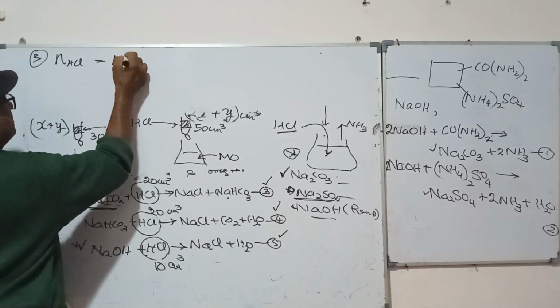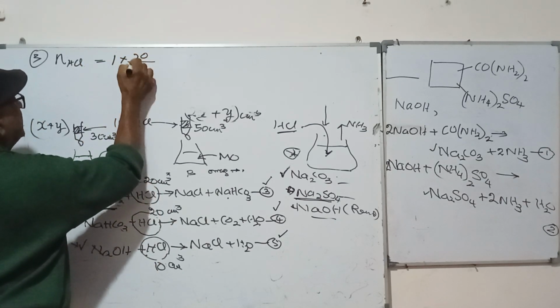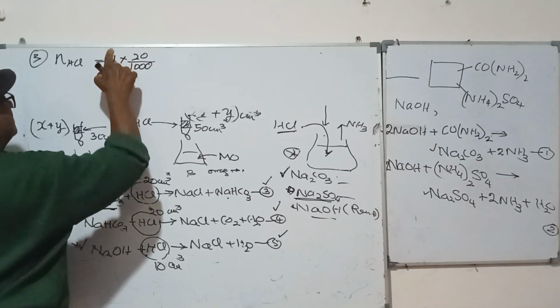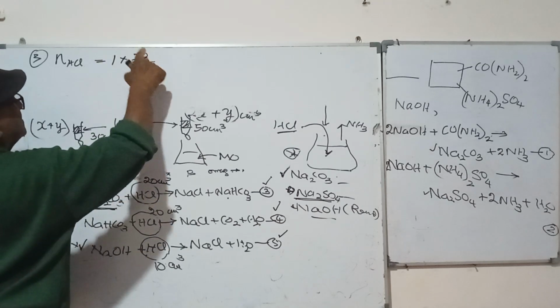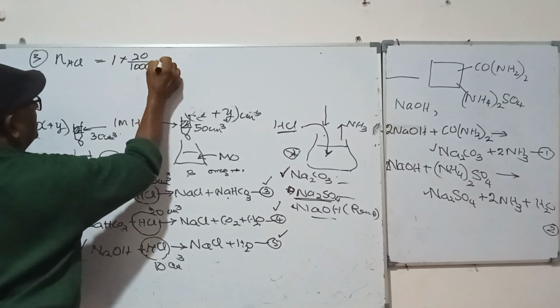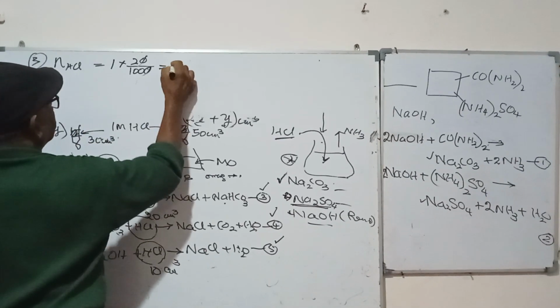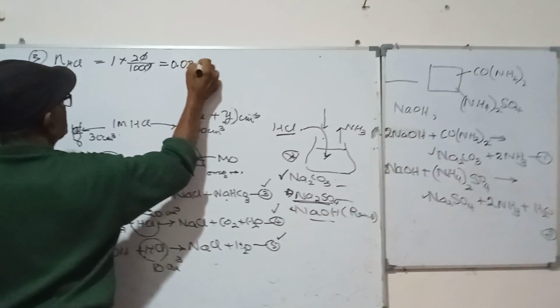Concentration is 1 mole per cubic decimeter, volume is 20 divided by 1000. So it becomes 0.02.